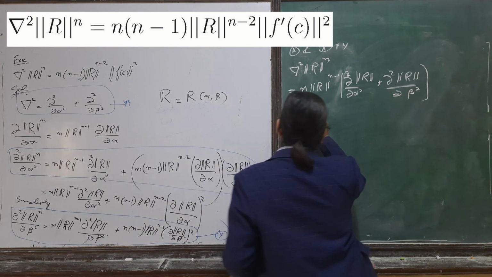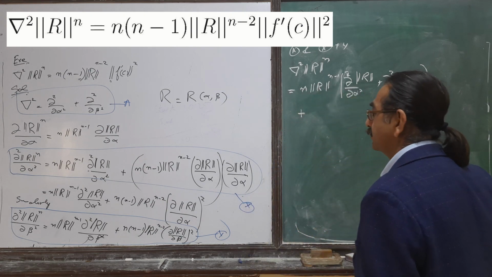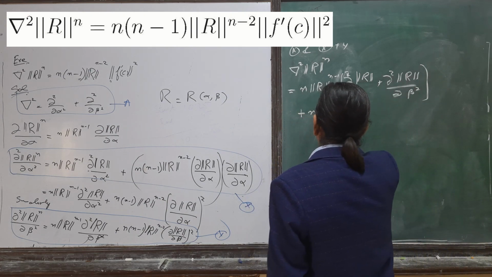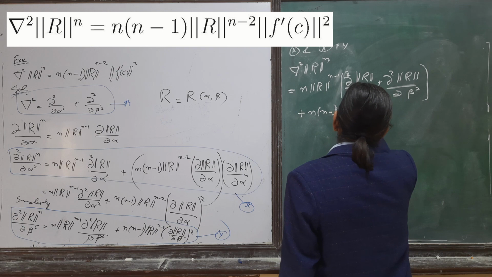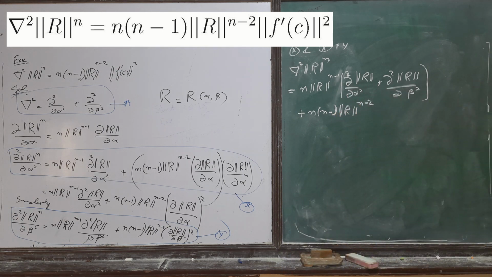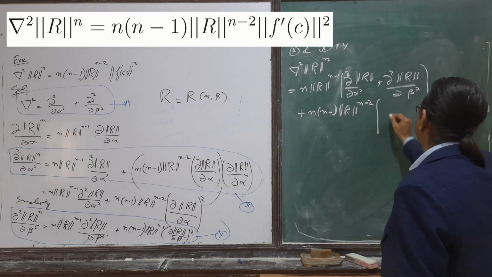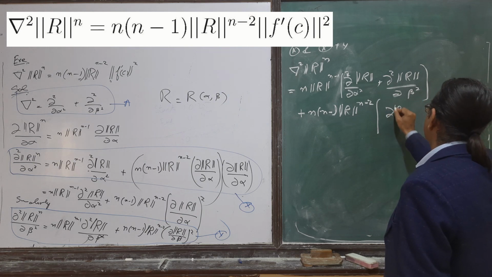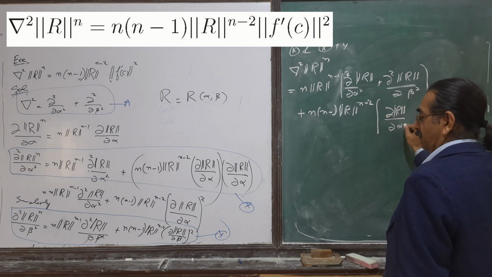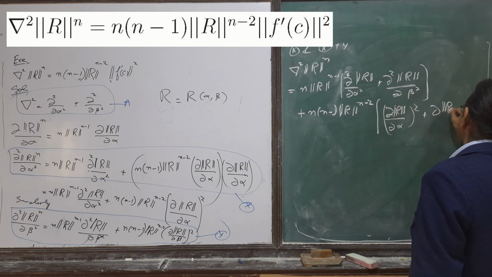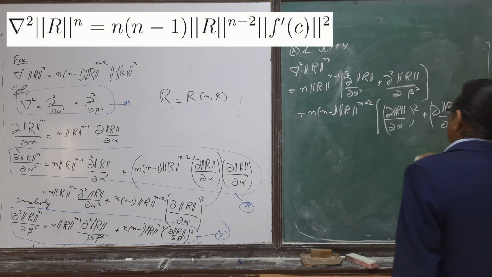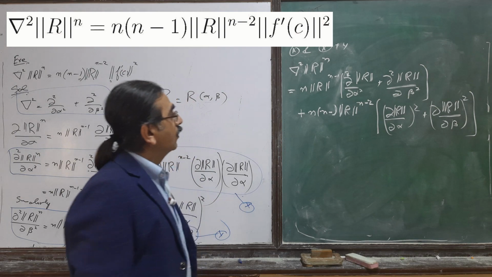Plus n into n minus 1 r n minus 2, and what will be inside, this will be equal to this.